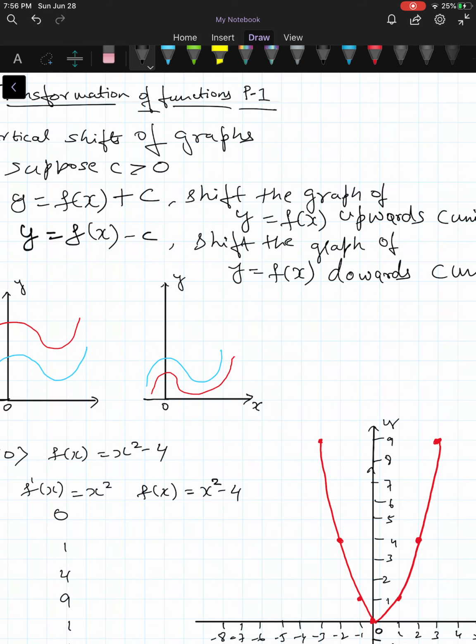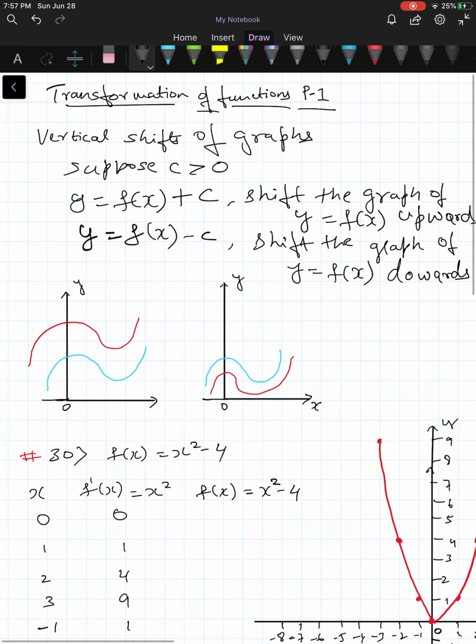So you can see that you are shifting all the functional values by c units, whether above or below. That means the original form of the graph, the way the graph looks, will not change. You are just changing the position of the graph. I have drawn two graphs below. If the original graph is the one drawn in blue, f of x, the one in red would be f of x plus c.